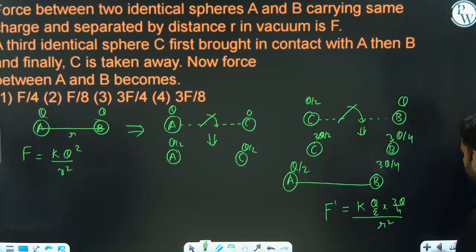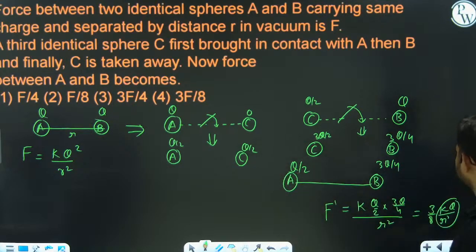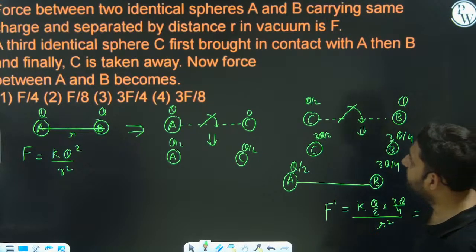Correct? So this is actually 3 by 8 KQ by R square. And this KQ by R square is nothing but F. So we can say that F dash is equal to 3 by 8 F. Okay?